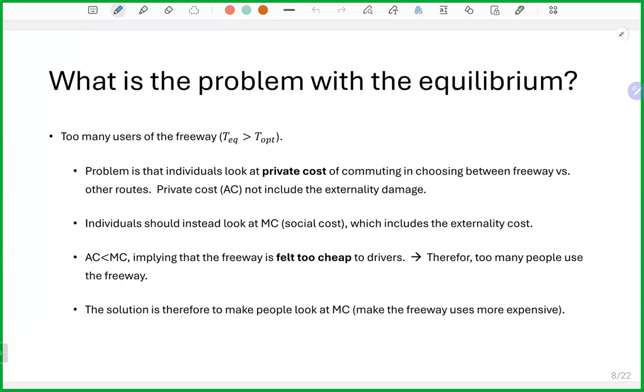In other words, we want to replace the externality by taxation.